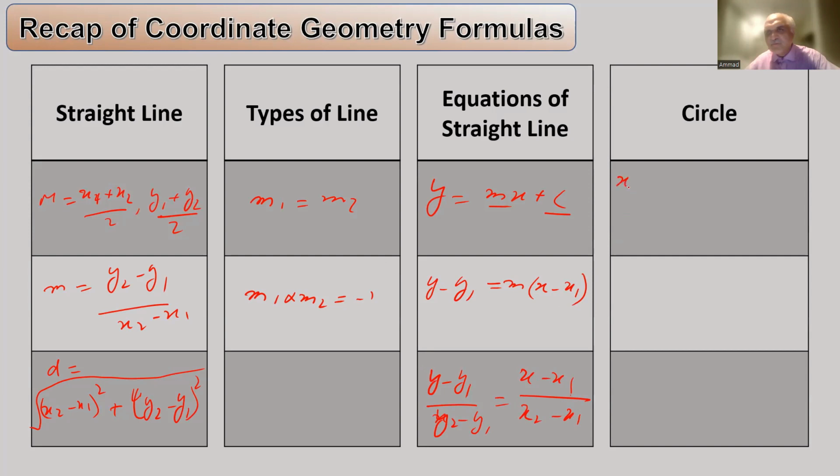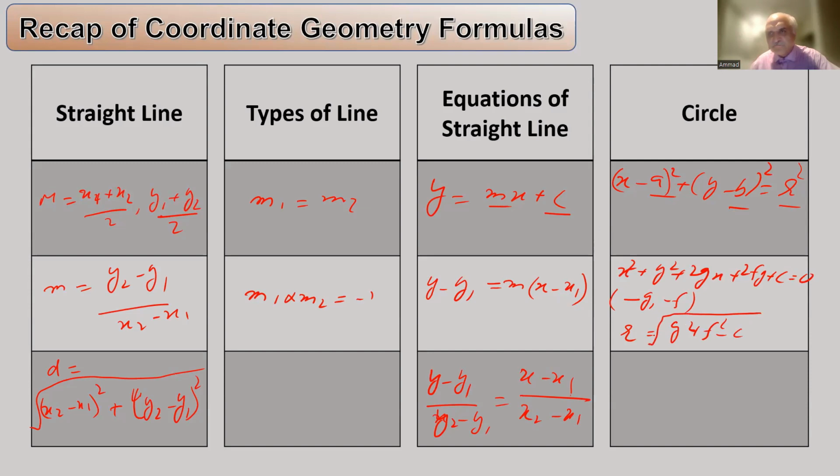One is the standard equation, (x minus a) whole square plus (y minus b) whole square is equal to r square, where (a, b) is the center point and r is the radius. And the general equation, which is x square plus y square plus 2gx plus 2fy plus c is equal to 0. In this case, the center point is (minus g, minus f), and the radius is the square root of g square plus f square minus c.